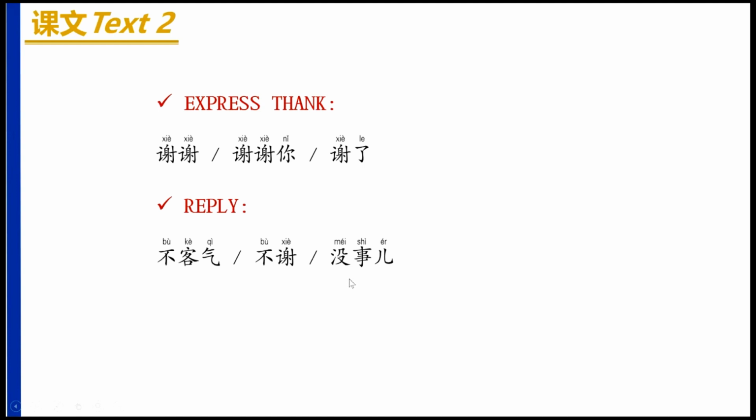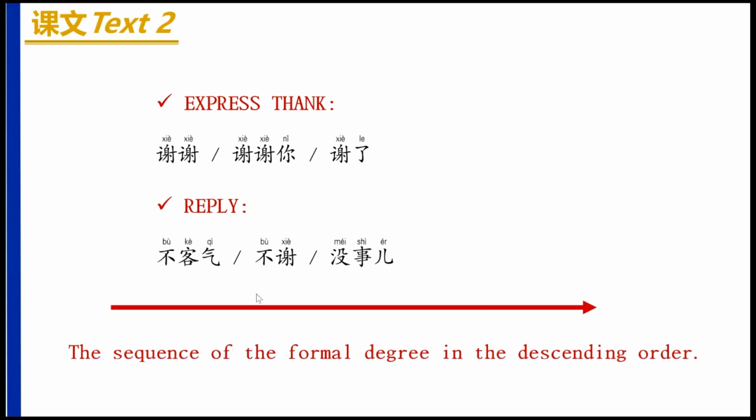So the sequence of the formal degree is from the left to the right in the descending order. So if we want to express thank to the person we respect or someone who is elder than us, we need to use this one. And to the friends or to someone who is younger than us, we use the way here.